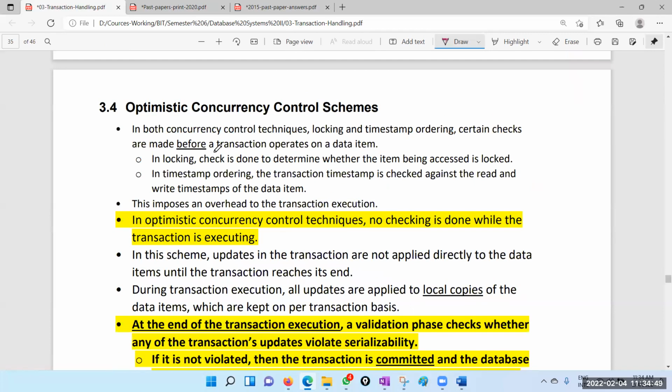So I told you that the locking system and the timestamp system are the two most popular approaches, and out of those, most databases now tend to use the timestamp ordering approach. There are some other approaches as well. Databases have tried them out, and you know that the most complicated software is the operating system.